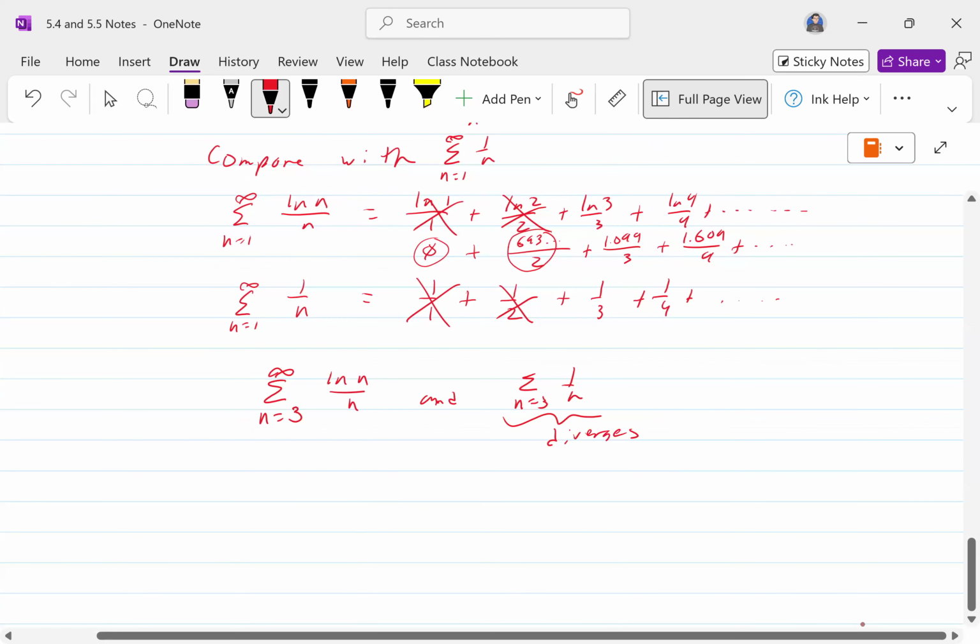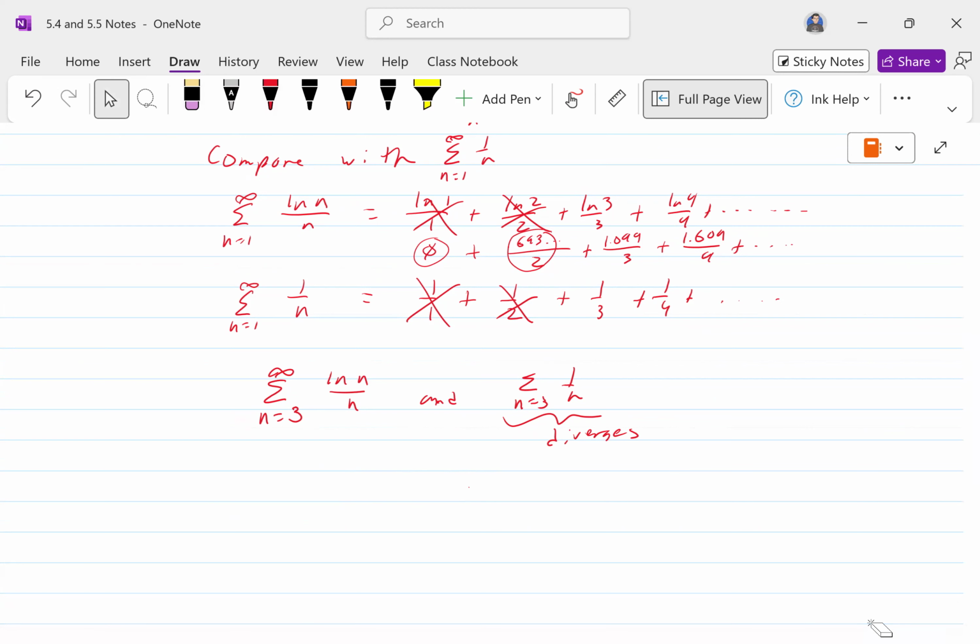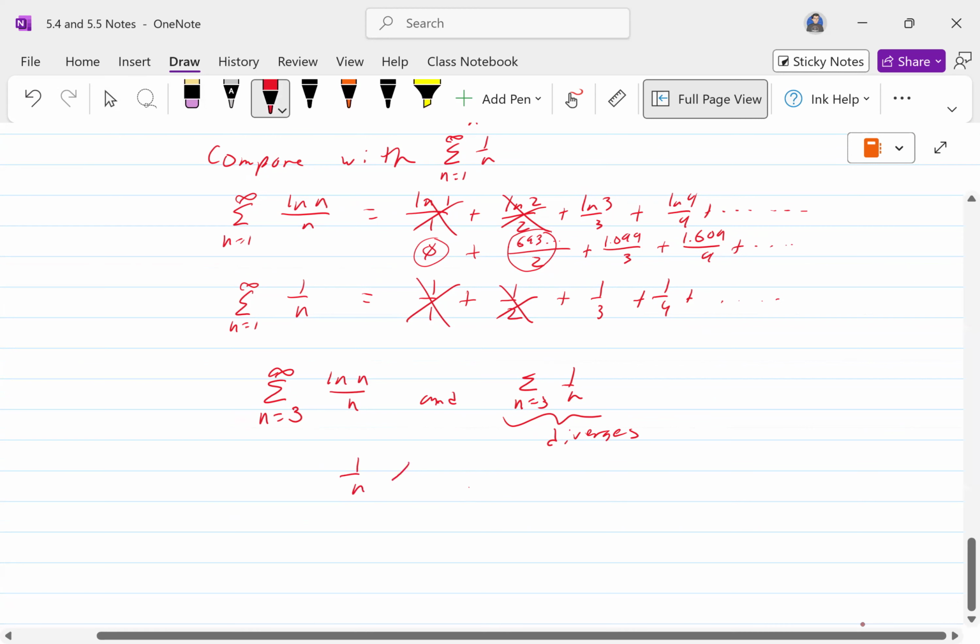And we now know that 1 over n is greater than or equal to natural log of n over n, sorry, that's the other way, my bad. 1 over n is less than or equal to natural log of n over n for n greater than or equal to 3. So we have to start at 3.